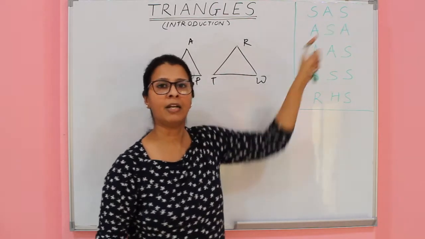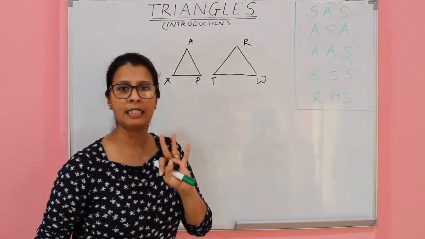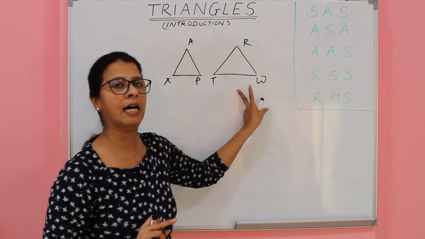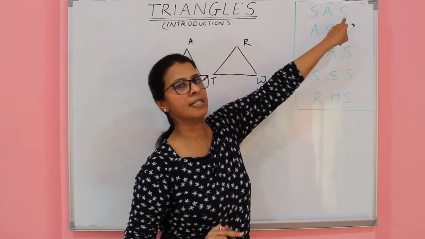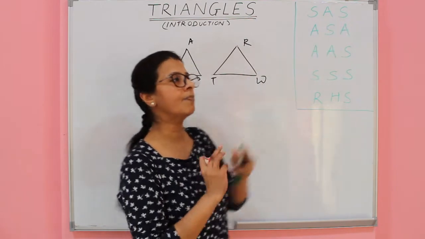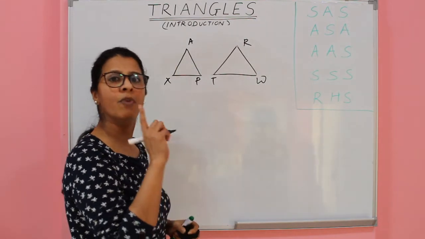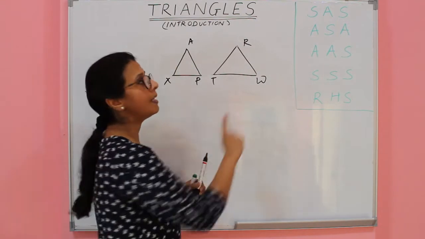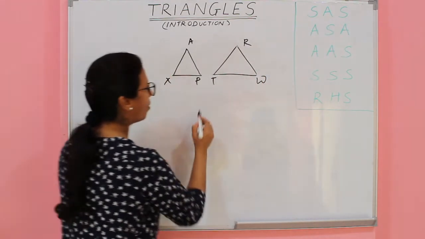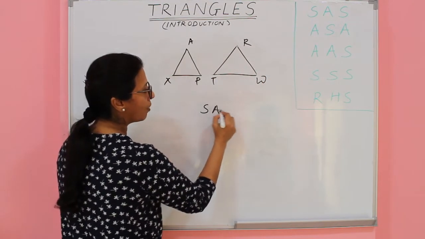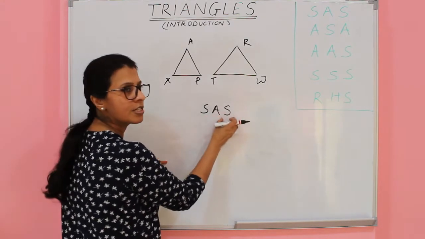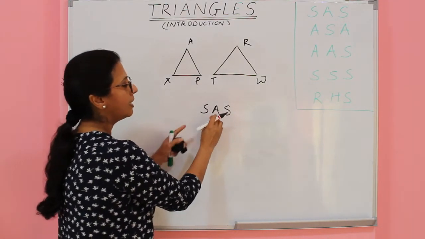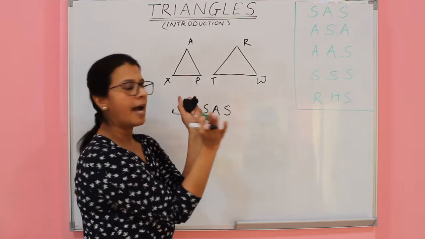SAS means I am saying that only three conditions are needed to prove that these two triangles are congruent. What are the three conditions? SAS, side, angle, side, means two sides and one angle. But they have to be in this particular order only. What is this order? The angle is between the two sides, or we say the two sides are making the angle.